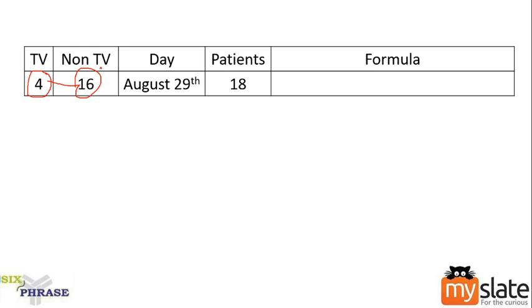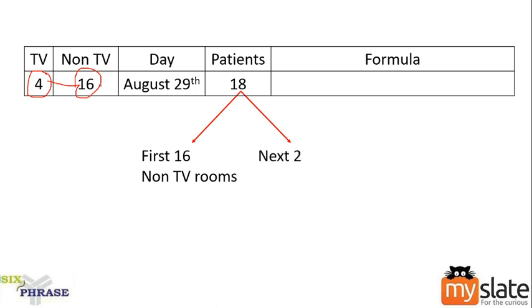From these 18 patients, the first 16 patients will go to rooms without TV. Clear? Two patients are remaining. The remaining will go to rooms with the TV.